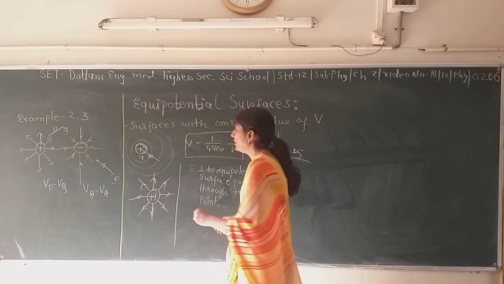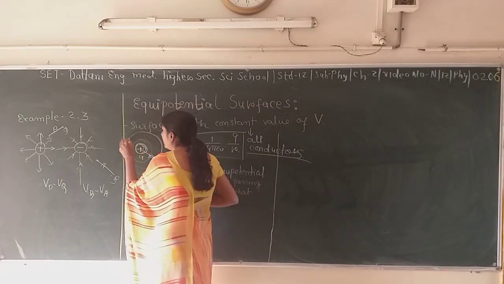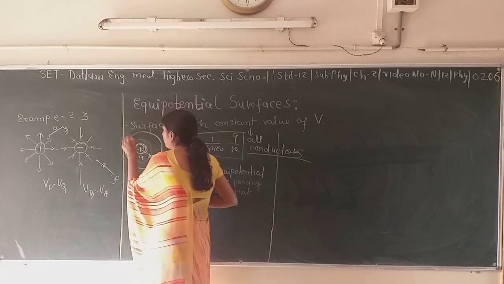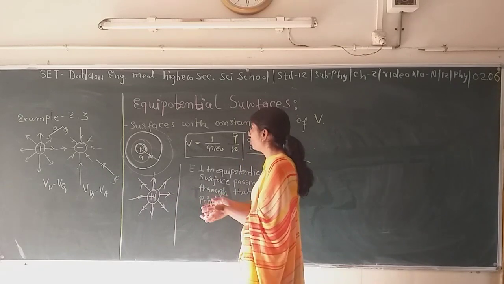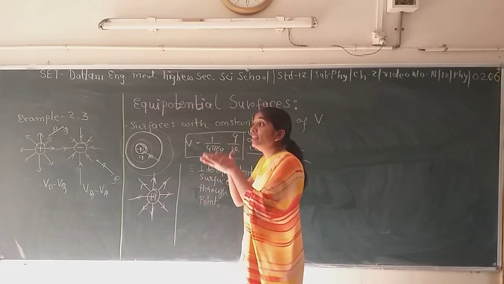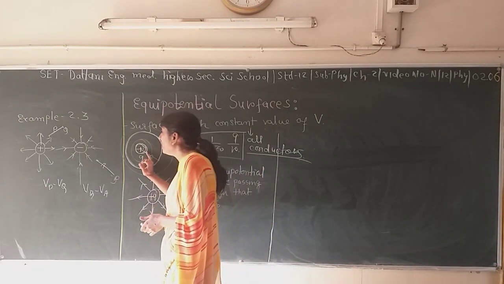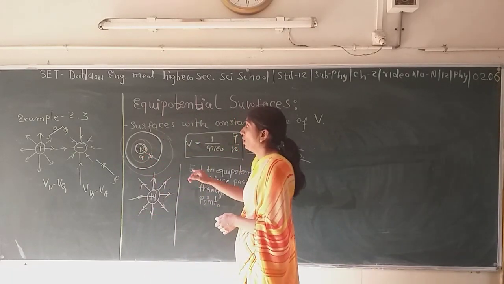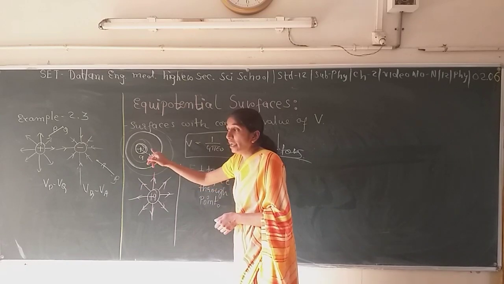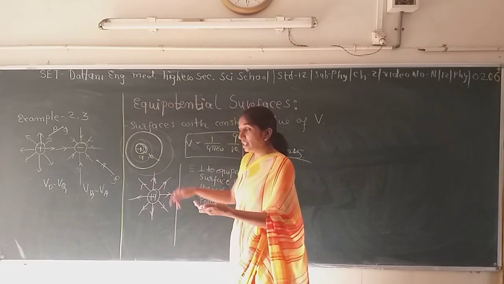So if I am considering the r radius in 3 dimensions, this would make a shell kind of structure around this plus q charge, and on this entire shell there is an equal potential. Okay, so this we have already discussed in previous lectures.